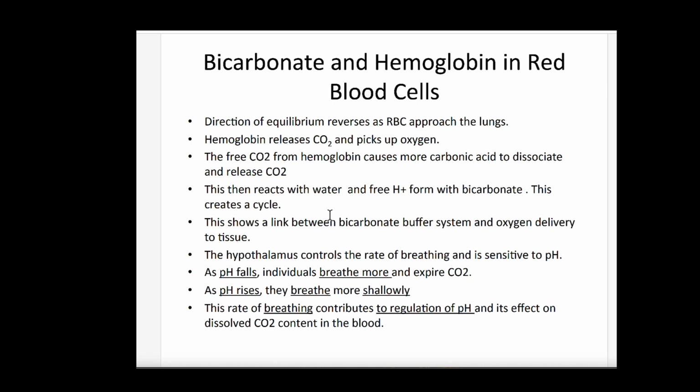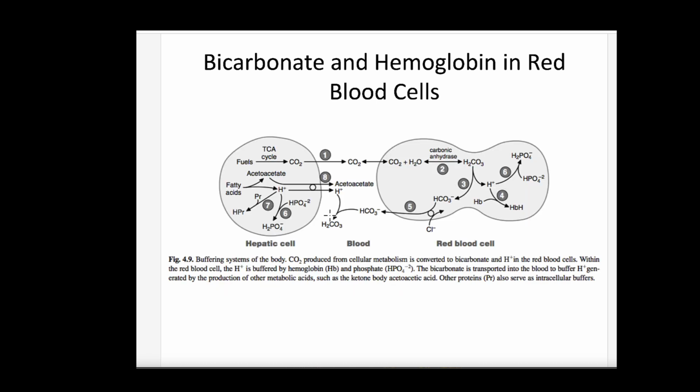As the pH rises and it becomes more basic, you're going to breathe more shallowly. So the rate of breathing contributes to the regulation of your pH, through its effect on the dissolved CO2 in the blood. This is really important in understanding how our breathing patterns help regulate our pH internally, just naturally.